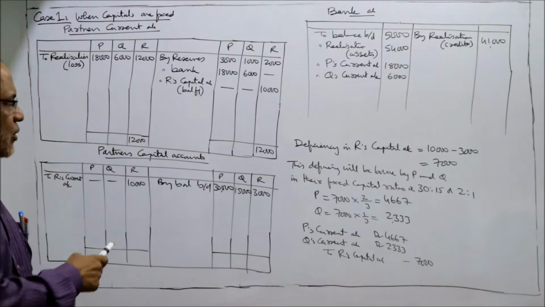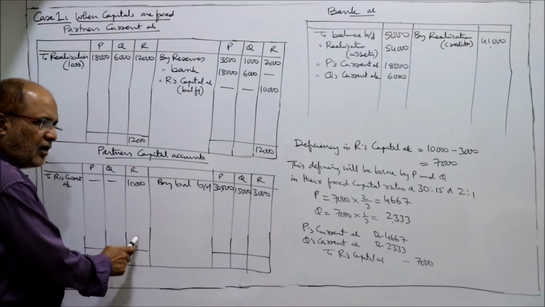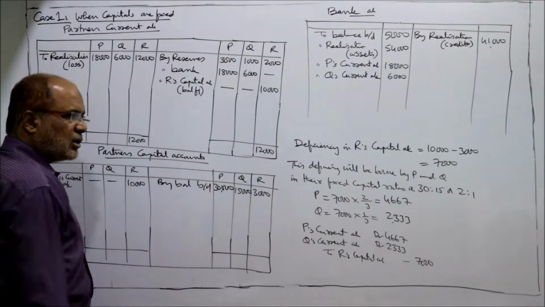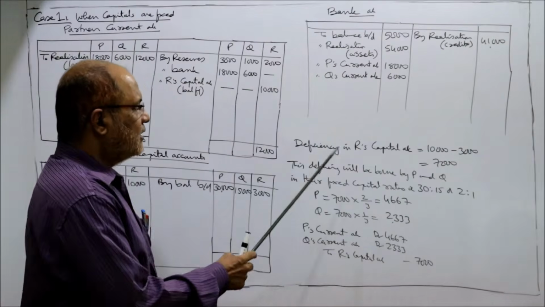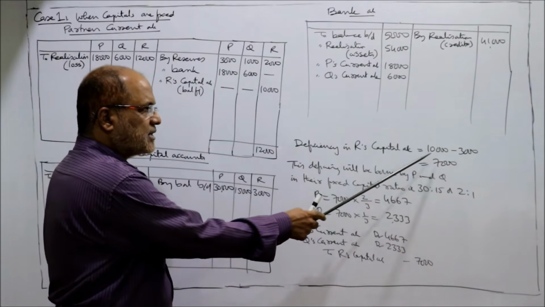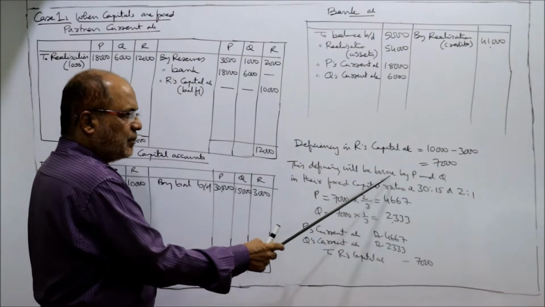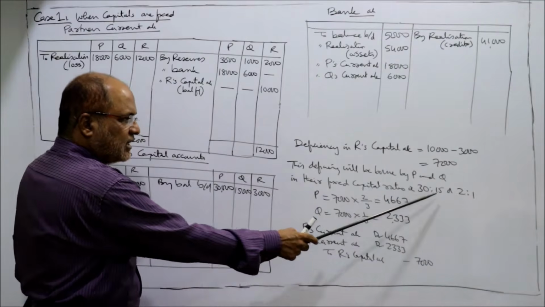अब कैपिटल अकाउंट को भी क्लोज करना है तो आर के डेबिट साइड पे 7,000. R's account debit side 7,000 and credit side is only 3,000. So there is a deficiency of 7,000. You can see here the deficiency in R's capital: 10,000 minus 3,000, 7,000. This deficiency will be borne by P and Q in their fixed capital ratio, that is 30:15.